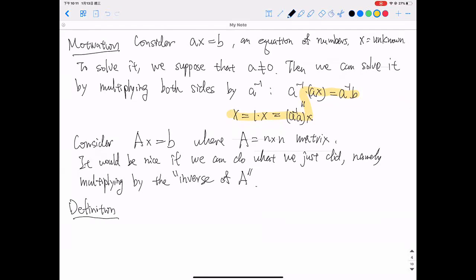The definition is the following. Let's say A is an n by n matrix.